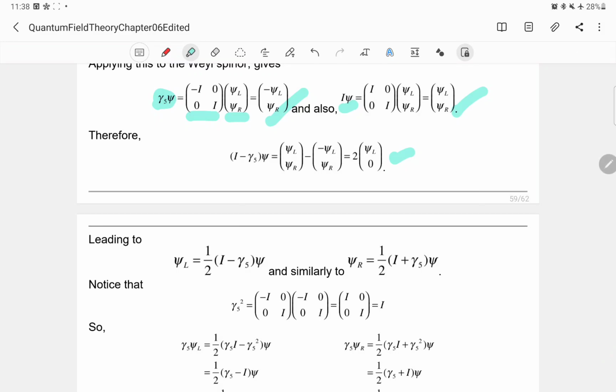So this will lead to this one, and of course if you do the calculation similarly for the right component of the Weyl spinor, or the right-handed particles, then you will be getting this expression.